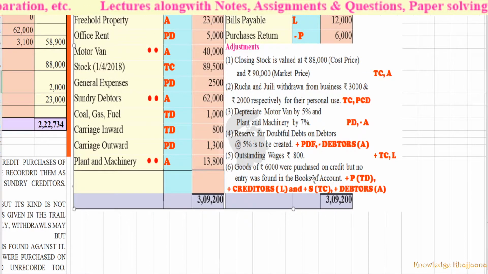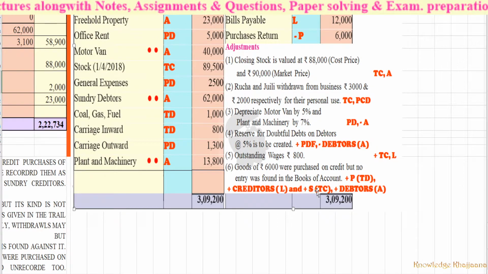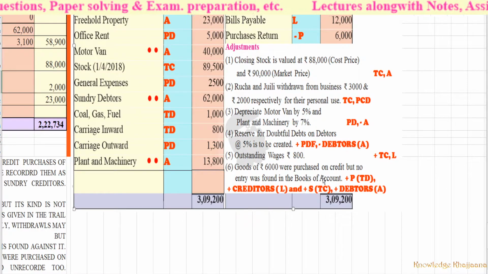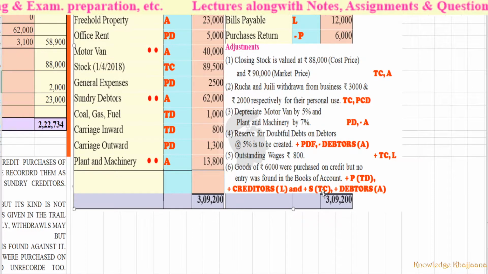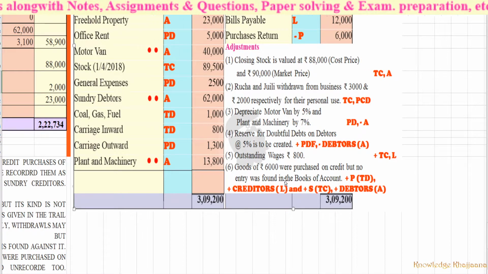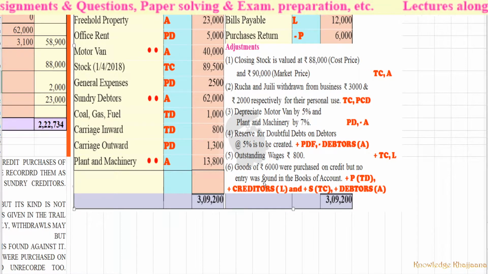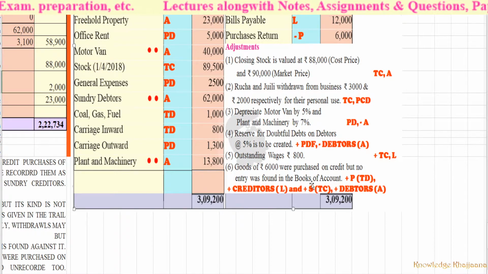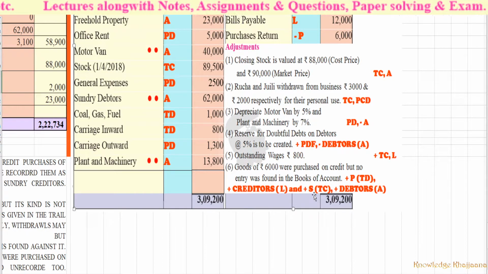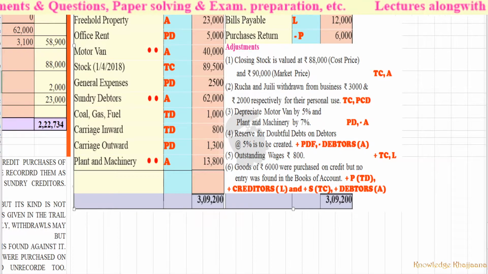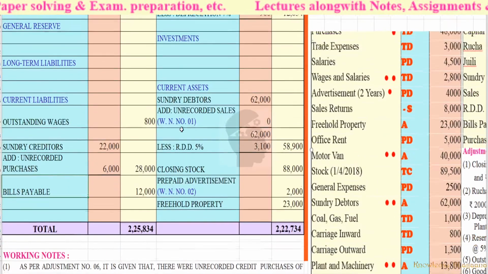So we have to record that much amount in the closing stock at the credit side of trading account as sales, because those must have been sold on credit also, which remained unnoted, which were not recorded in the books of account. So we have to add that much amount of goods at the trading account credit side as sales. We have to assume this.